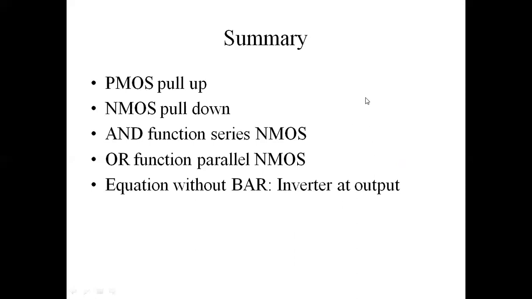So here we have seen the transistor implementation, transistors implementing different logic levels. First we saw the pass transistor, the inverter, NAND, NOR, and we have seen the implementation of different logics or equations with bar and without bar. Thank you very much.